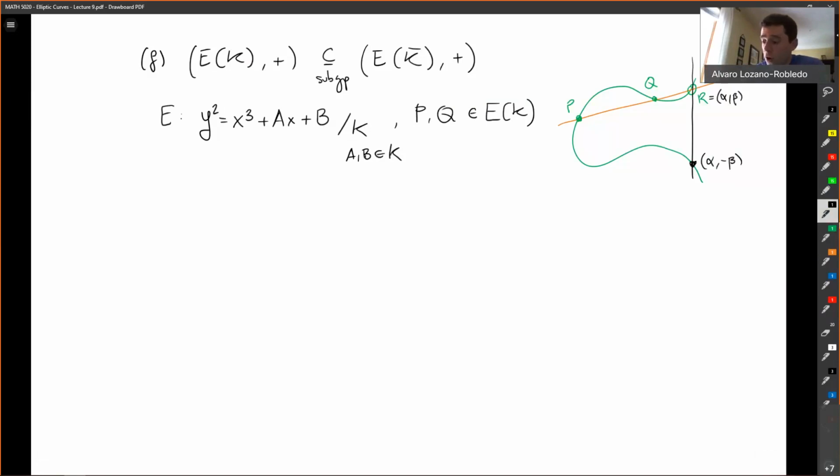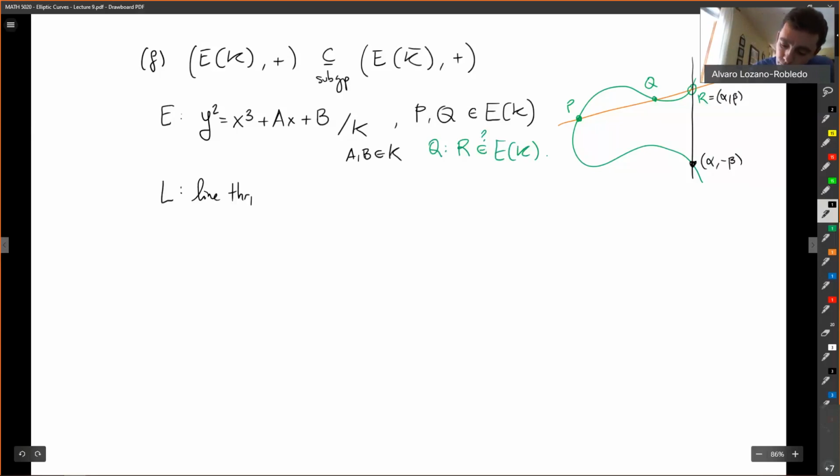So the question is, is R defined over K also? Well, just take L to be the line through P and Q. P and Q are defined over K, therefore L itself is a line defined over K. You use a formula from pre-calculus for a line through 2 points.